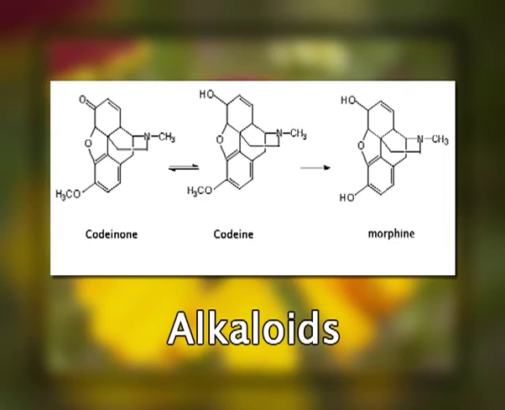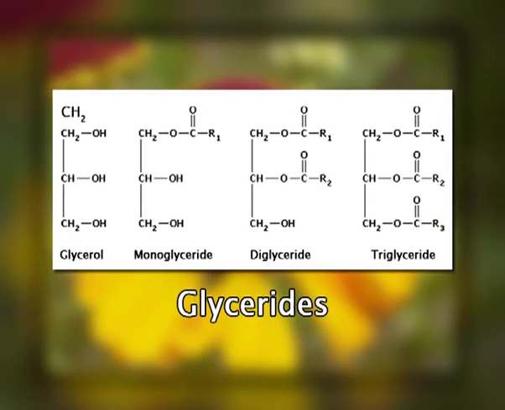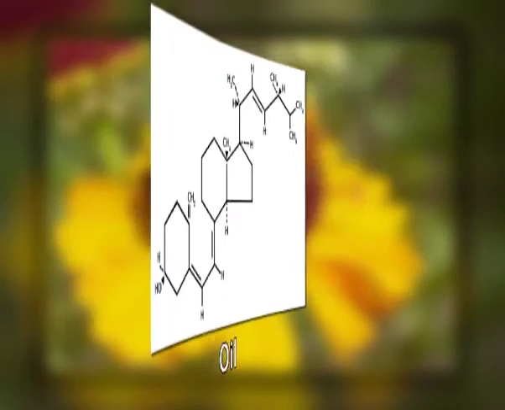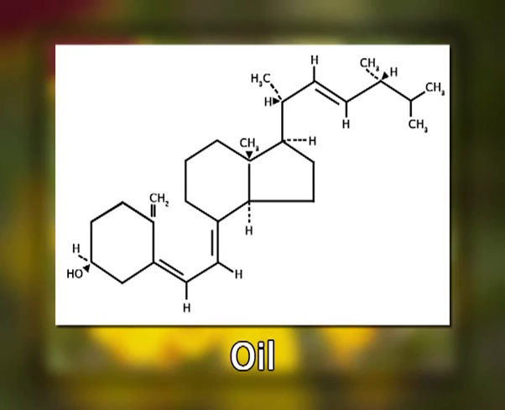McNair, 1935, discussed angiosperm phylogeny on a chemical basis and tried to use alkaloids, glycerides, for example fats and oils, and volatile oils as aids to taxonomy.